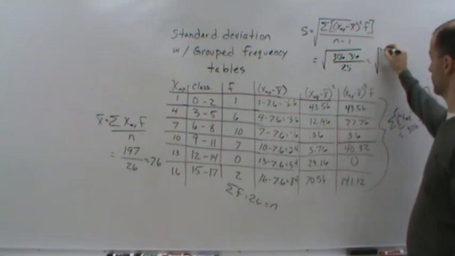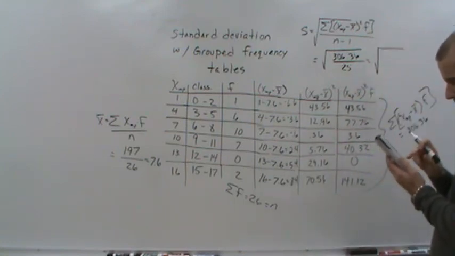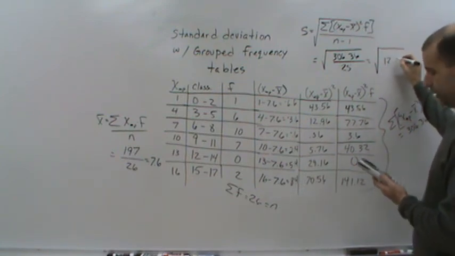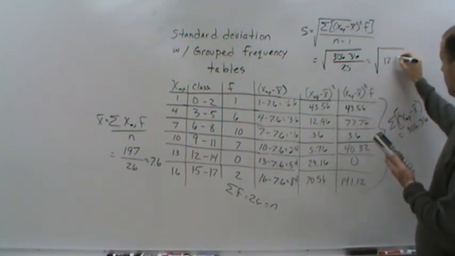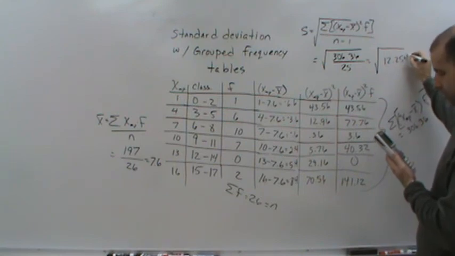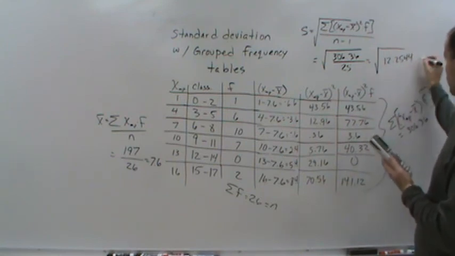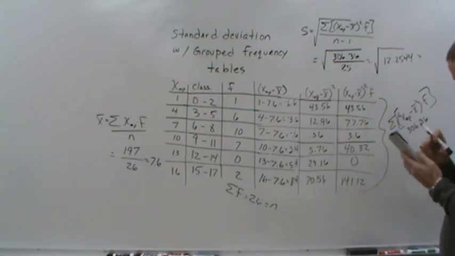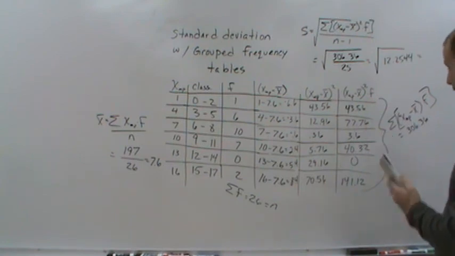So this becomes the square root of 12.2544. And so what do I get? I get 3.5.